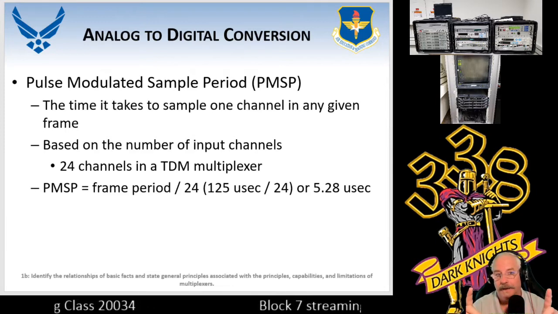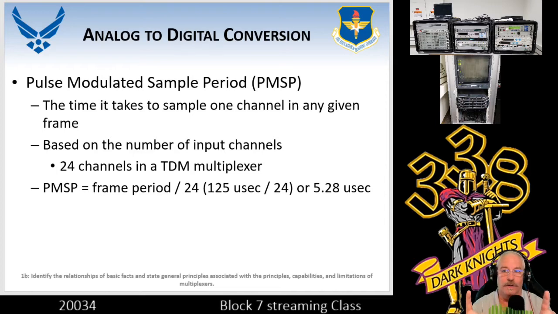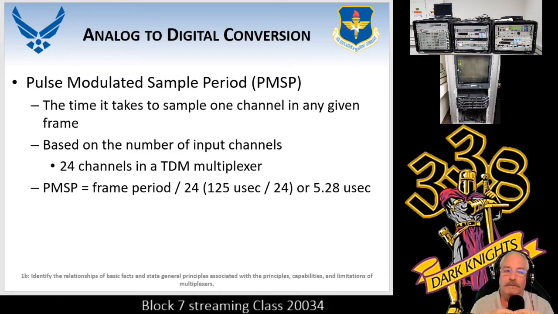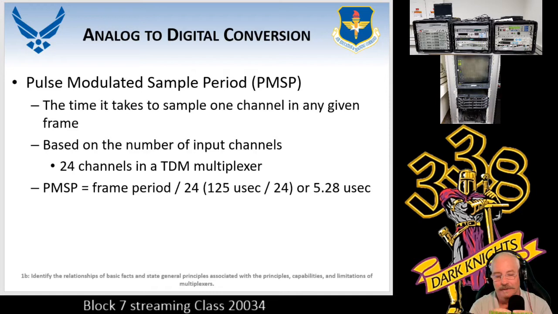So let's review. Frame period: it took us 125 microseconds to do that one frame period. To look at channel 3, it took us 5.28 microseconds. Ridiculous, isn't it? Just wait till you get into the faster ones, then it gets even smaller.